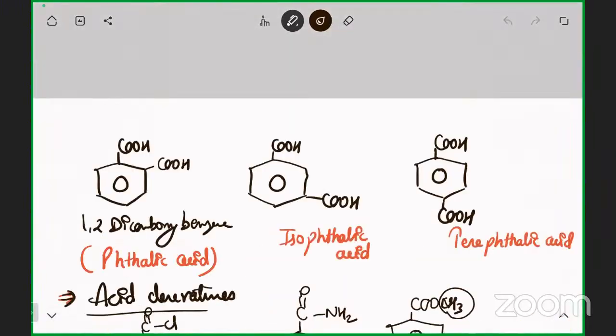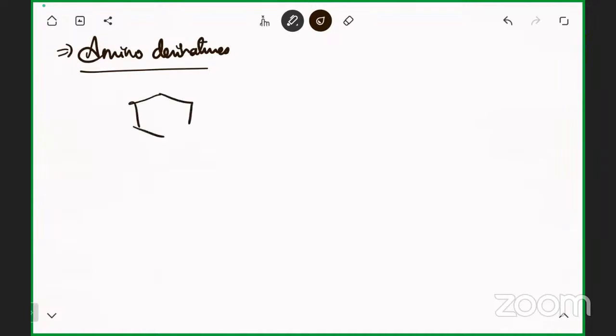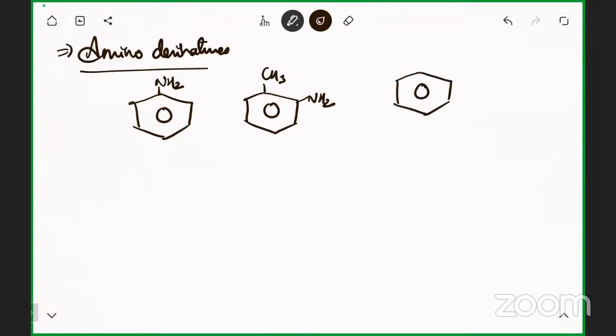Next, which category? Amino derivative. Benzene with NH2 group. Benzene with CH3, then NH2. Benzene with CH2, NH2.